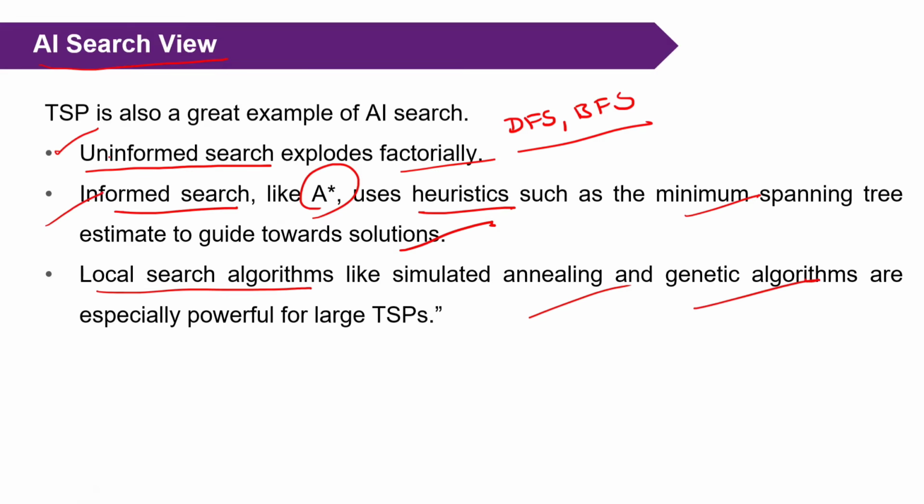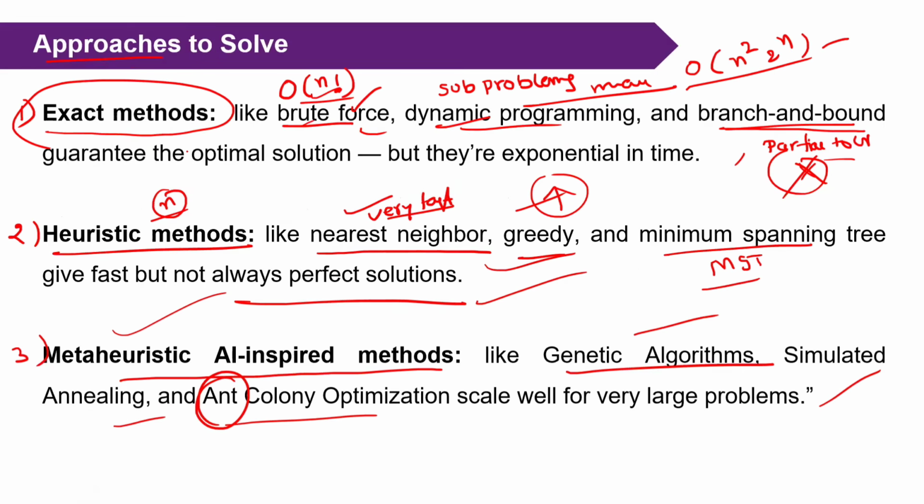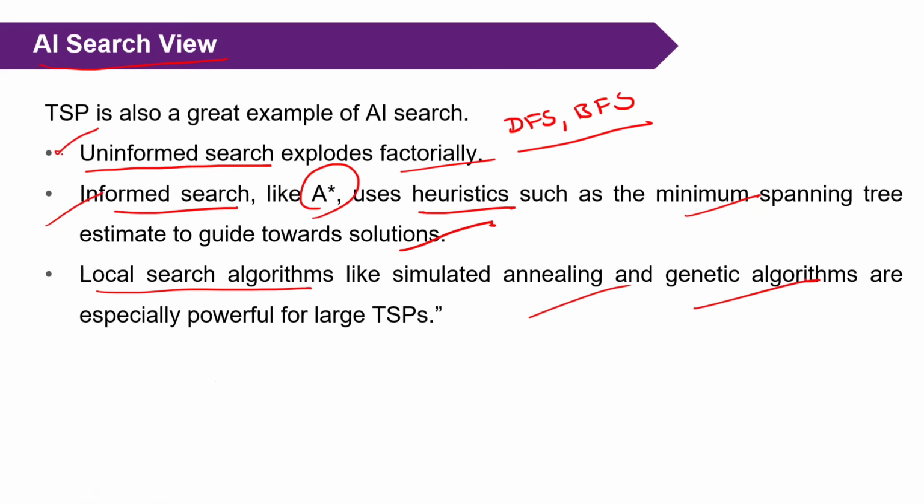That is whatever was discussed in the previous exact method, heuristic method, and meta-heuristic method. This is also the same: uninformed search, exact methods, informed search, heuristic method, local search algorithm, meta-heuristic method. Now you got it. This is the traveling salesperson problem. What is the representation and the ways to produce the solution?